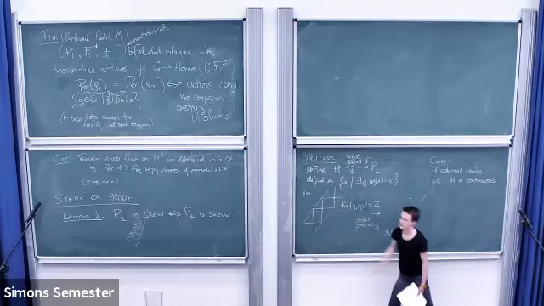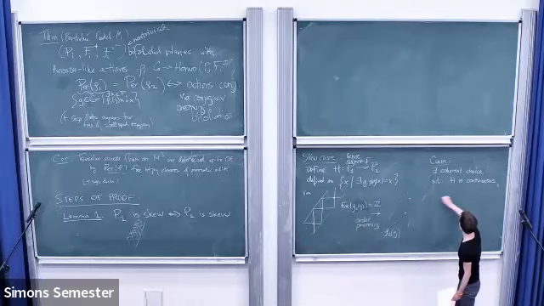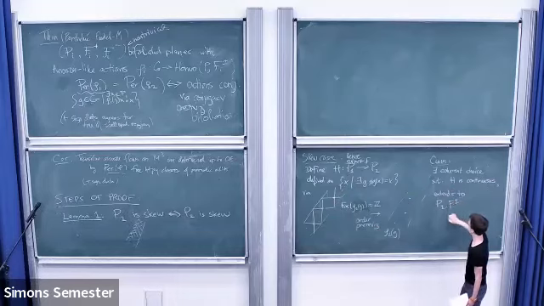So it extends to a map from, I'll write it P1 S plus 1, foliation to foliation.